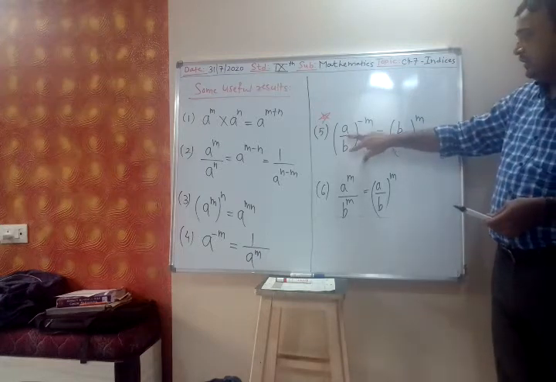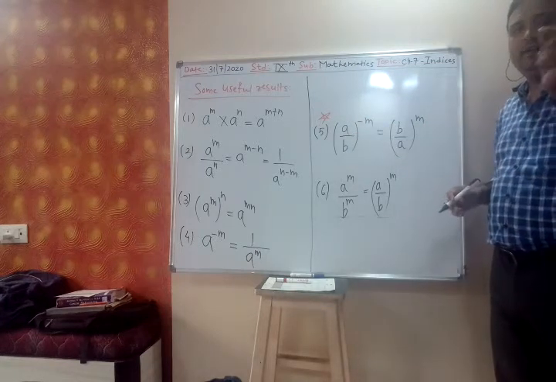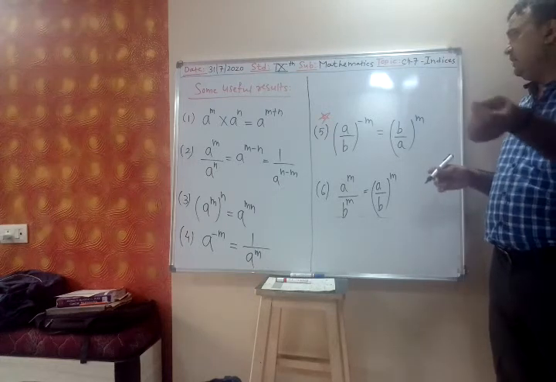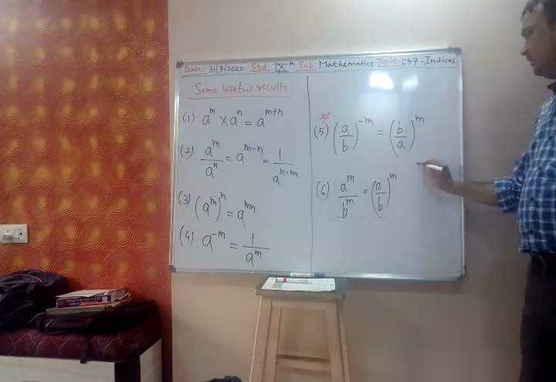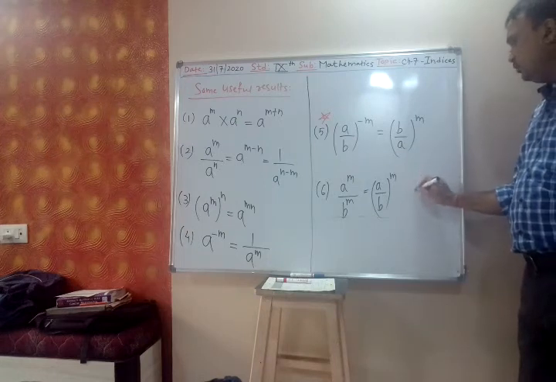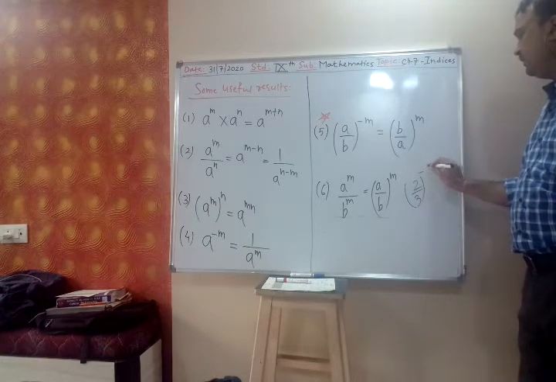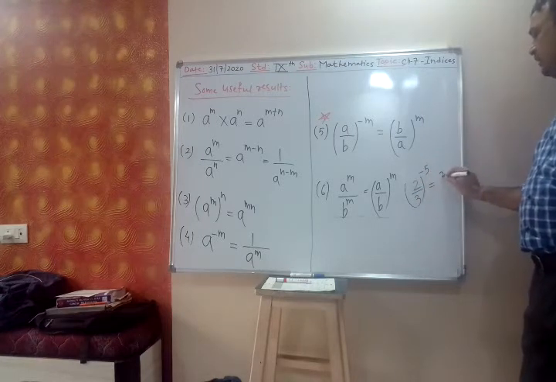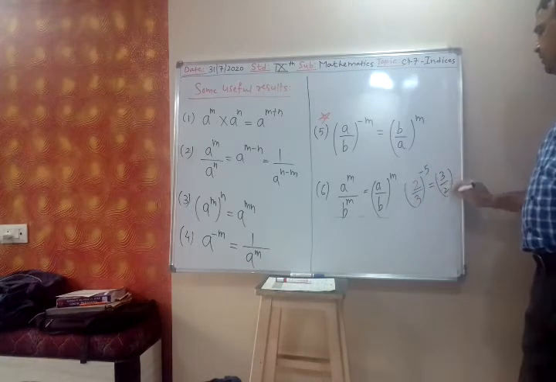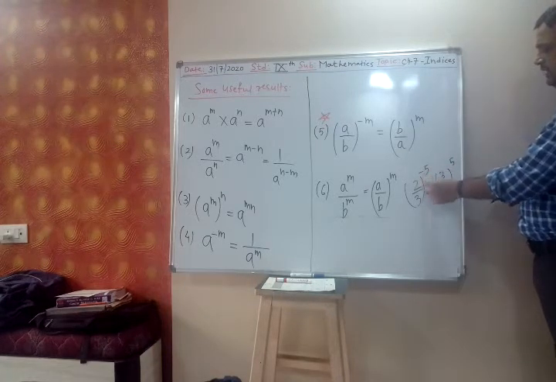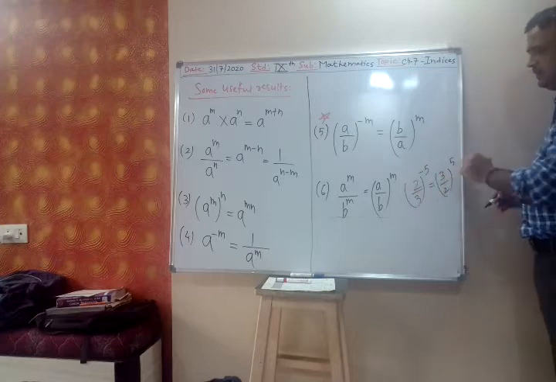So whenever we take the reciprocal, the negative power becomes positive and the positive power becomes negative. For example, let us take 2 by 3 raised to minus 5. I can write 3 by 2 raised to plus 5. Are you getting it? 2 by 3 raised to minus 5, I can write 3 by 2 raised to plus 5.